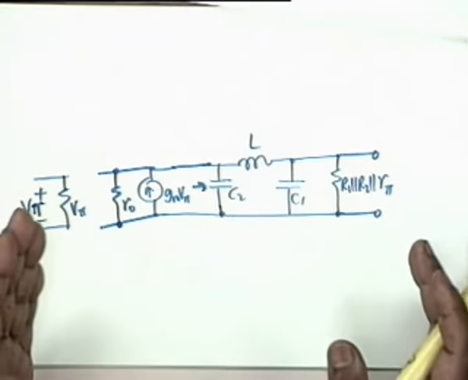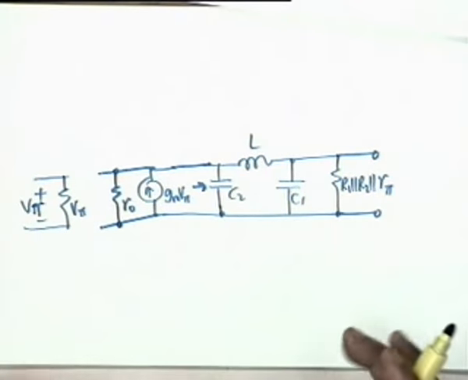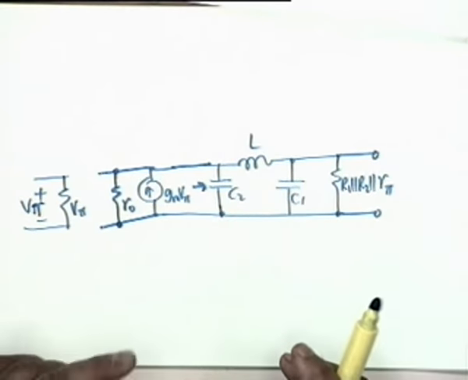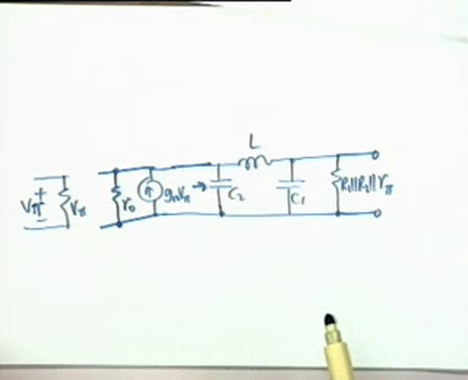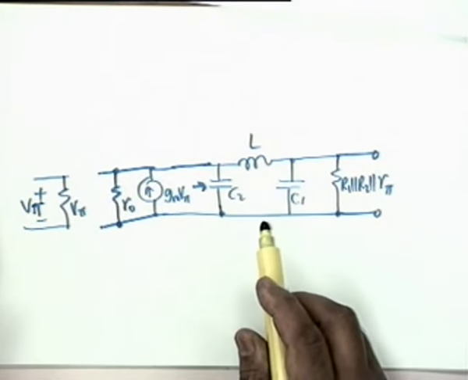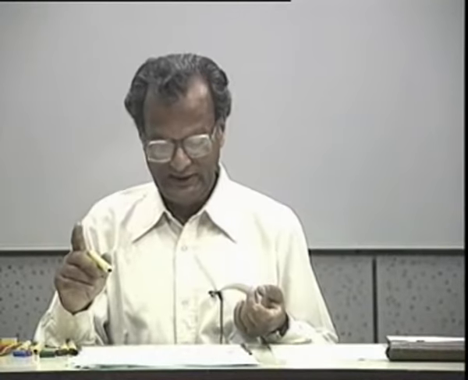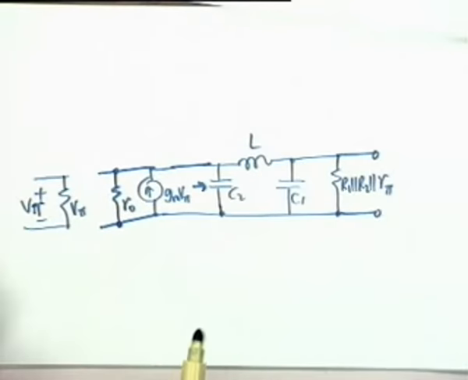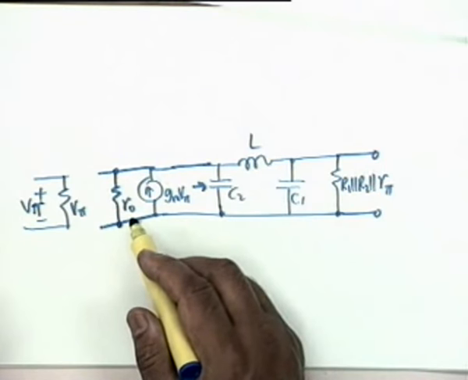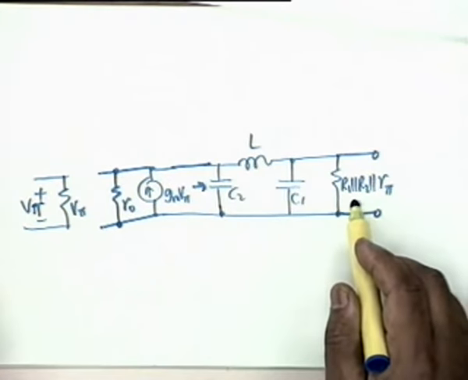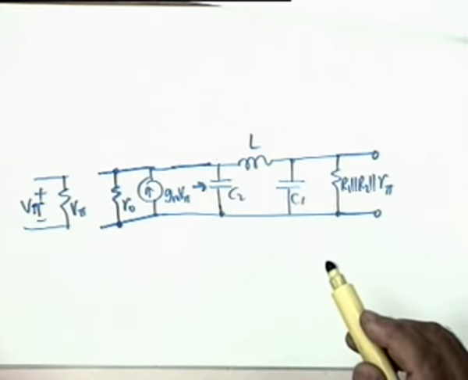Okay, this is the total circuit after opening the loop, and in order to find out the condition for oscillation now, obviously the oscillation frequency as well as the required gm shall now be affected by R0 as well as R1 parallel R2 parallel R pi, and you will have to find this out.